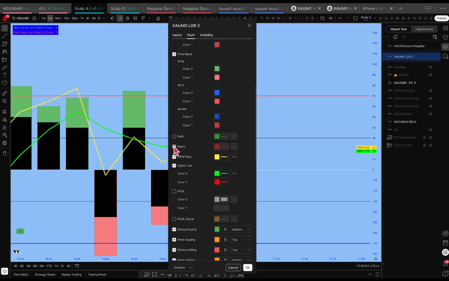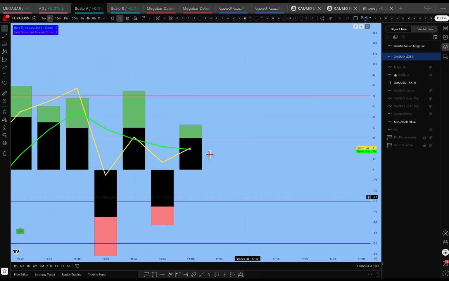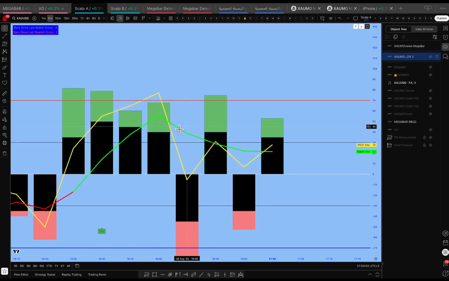Let's cross that. Once you have a cross between the LDR above the zero or below here, and the line changes color to green or yellow, that will give you a bullish signal. You have the count.